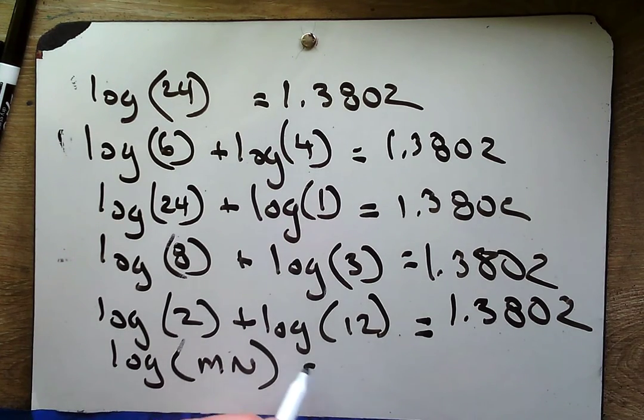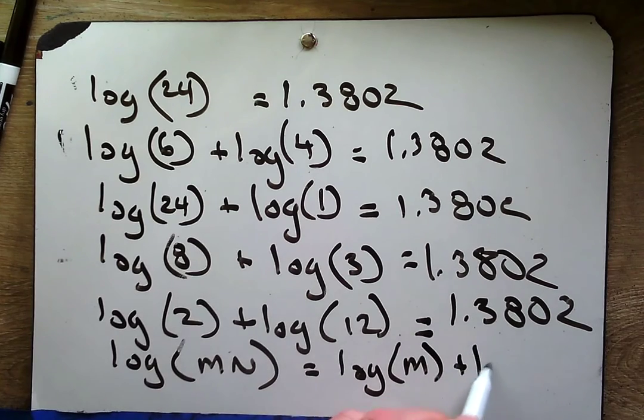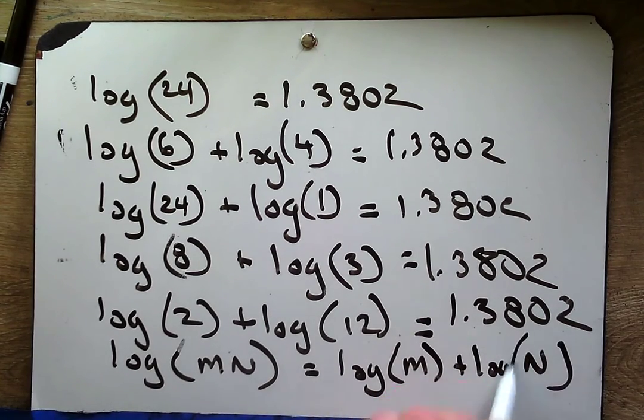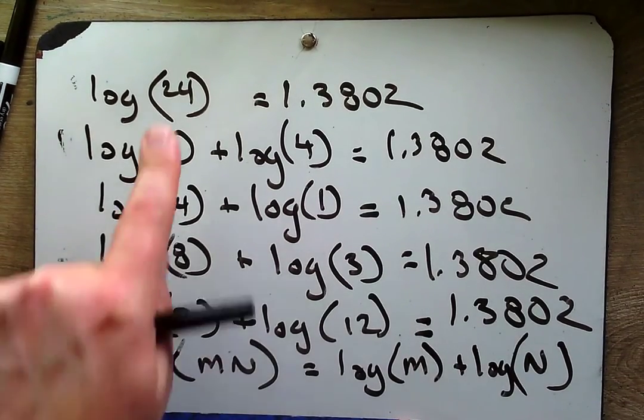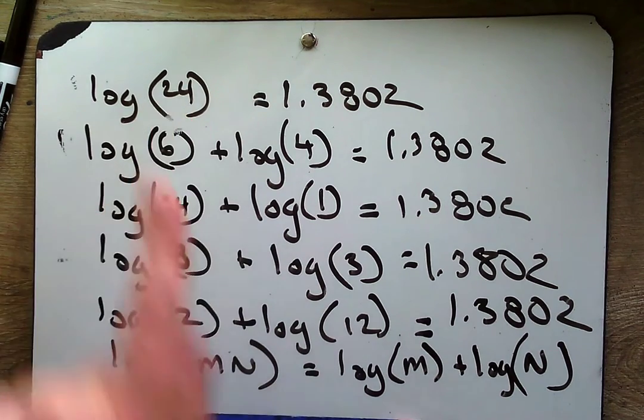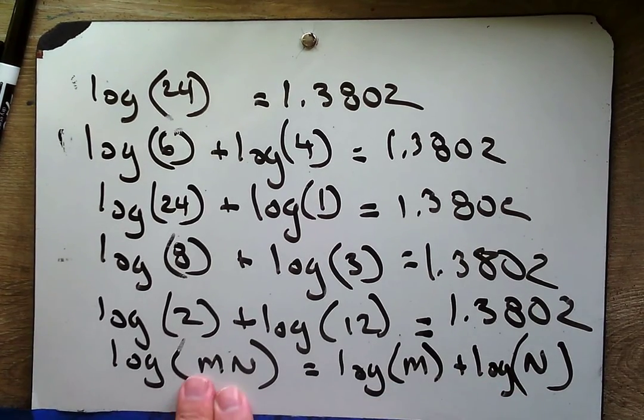So I think I can write this. Isn't that interesting? When I see a product, I can split that into two separate logs. Two separate logs joined with addition can be this one log where these arguments are joined with multiplication.